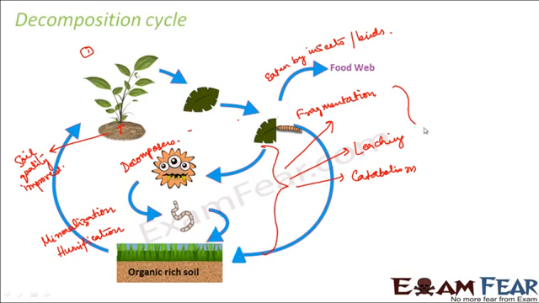And which organisms help in this? Detritivores like earthworms play an important role in fragmentation, and then decomposers like bacteria and fungi play an important role in the process of catabolism, humification, and mineralization. So this is how decomposition takes place, and this is all about the decomposition cycle.